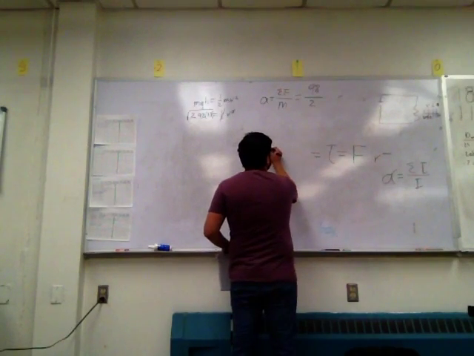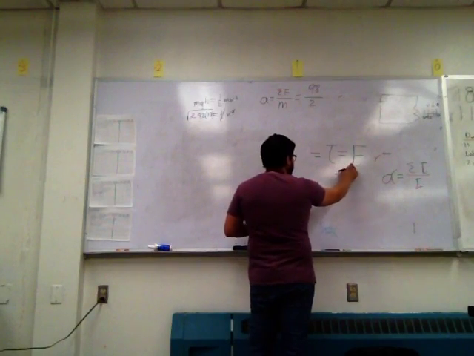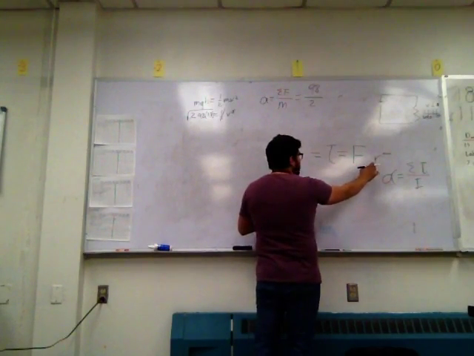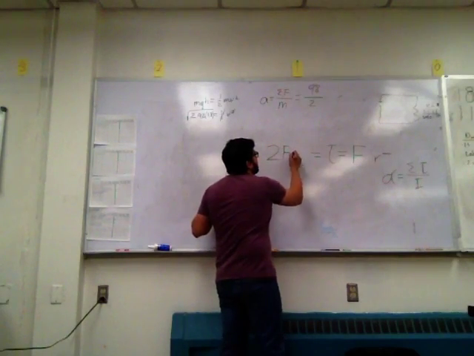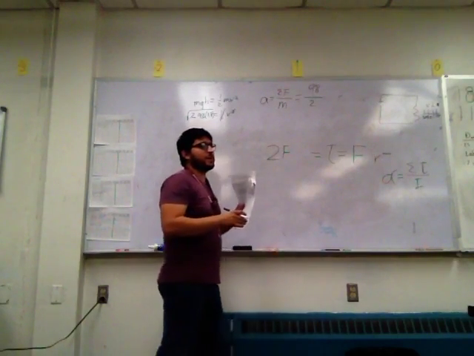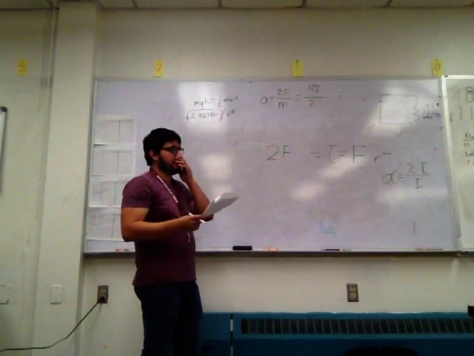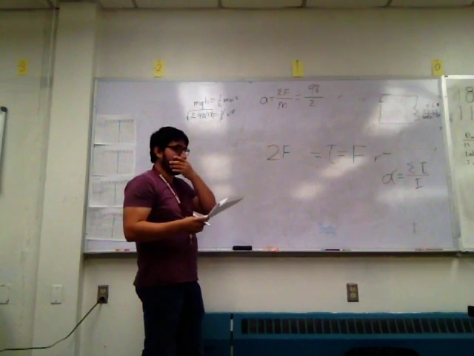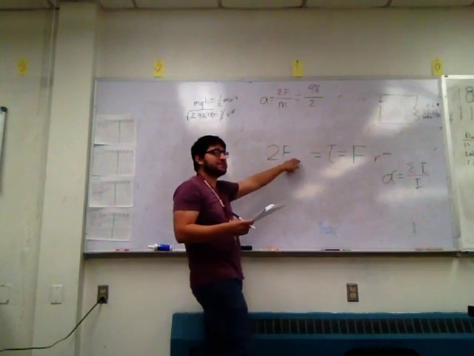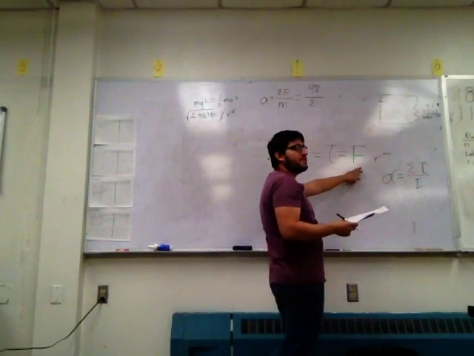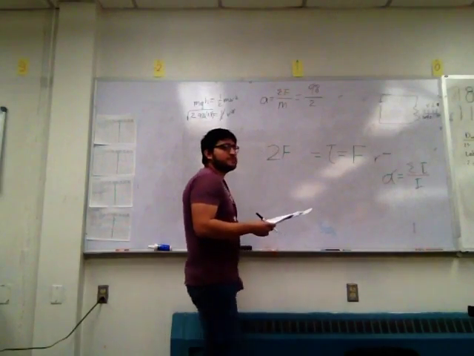So what kind of force do we have this way? Well, before it was F and the distance was, let's say R, and now it's 2F. So what do we know about R? R has to be bigger. This R needs to be bigger than this one? I think smaller.